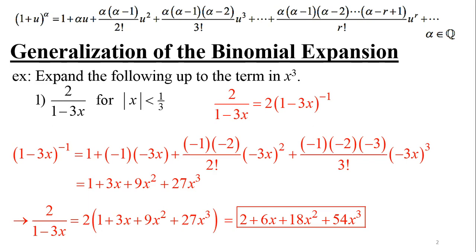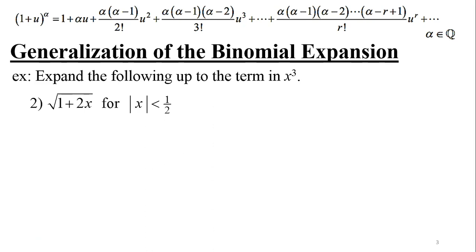Now this is regarding the first example. Now as for the second one, I'd also have to expand up to the term in x cubed. But over here I have the square root of 1 plus 2x defined for the absolute value of x smaller than half. Again, I will have to write the square root of 1 plus 2x in the form 1 plus u to the alpha.